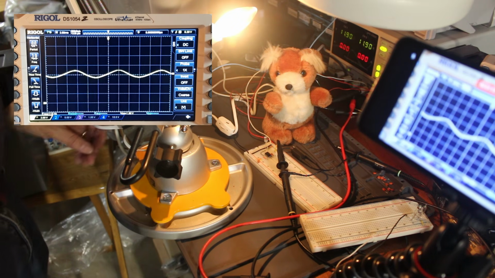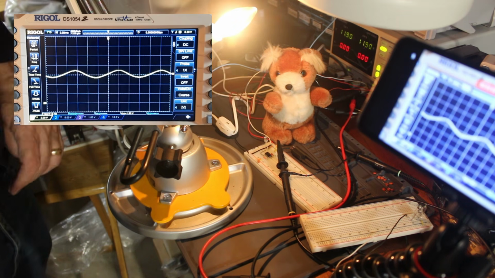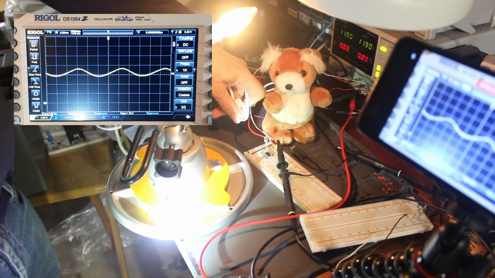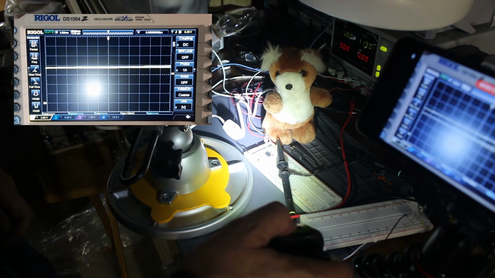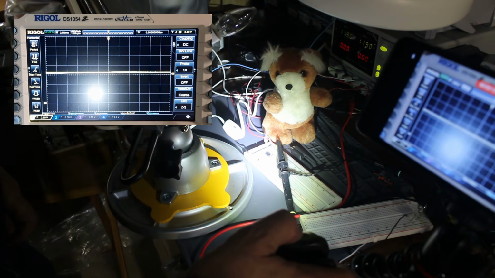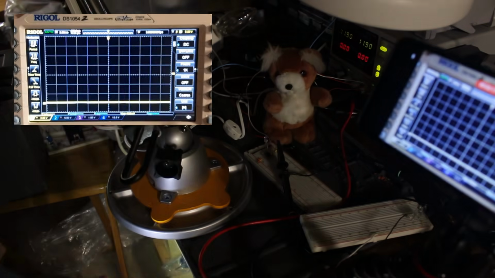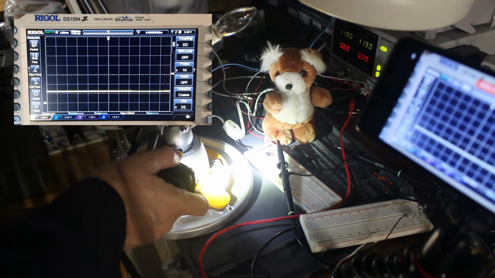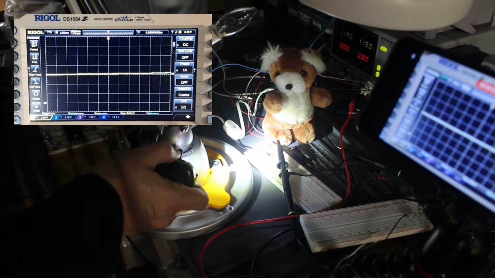I was curious what I was going to see with a hiking headlamp, so let's have a look. At full brightness, it's showing almost a DC signal. Whoa, this angle is reflecting right off the scope screen into the camera. Let me try to move it. Okay, that's a little better. At full brightness, I'm seeing almost a constant light intensity.